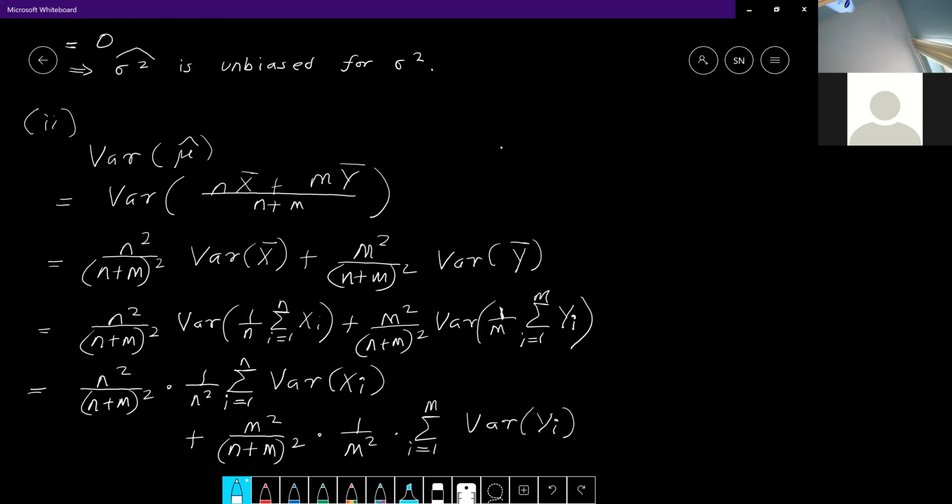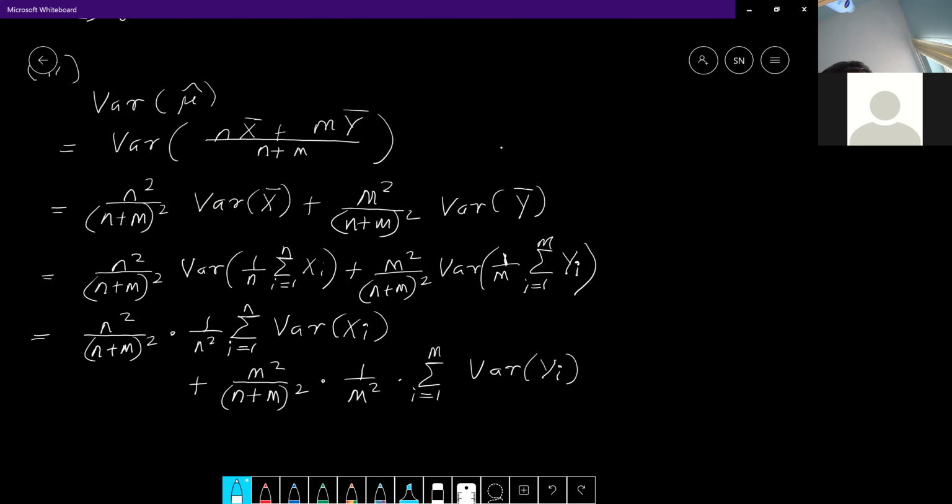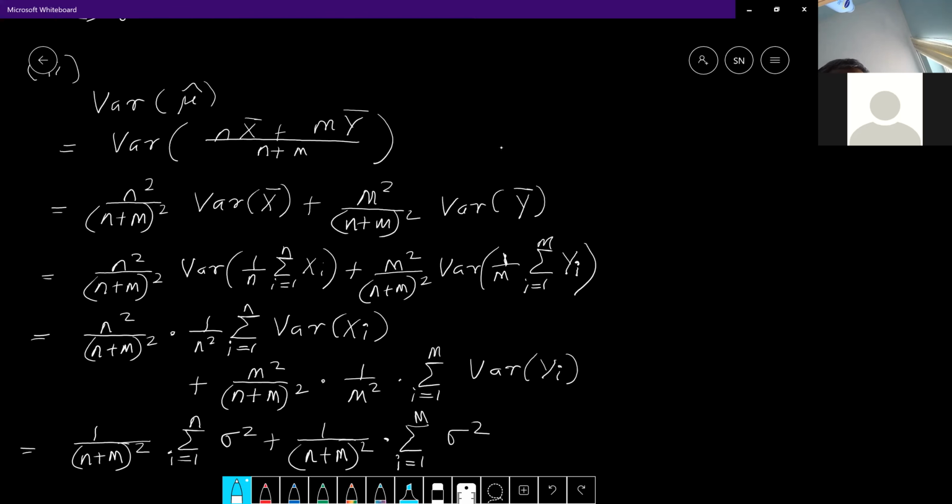All right, so the n squared and the n squared cancel. So what you get is 1 over n plus m squared times the sum of variance of xi, which is sigma squared, right? And plus 1 over n plus m squared times the sum of sigma squared, right?